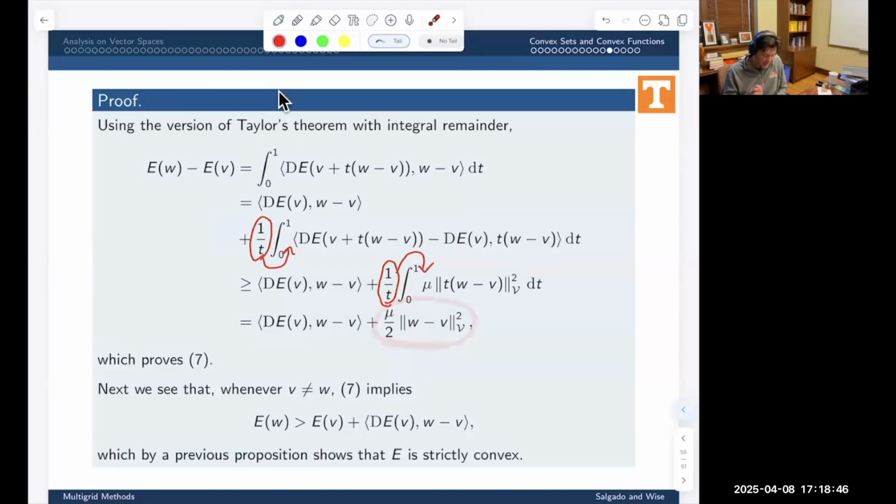So that means we can continue this and say that that's strictly greater than 0 as long as W and V are not equal to each other. So yes, of course, 7 implies that. But by our previous proposition, if we have strict inequality there, then that shows that E is strictly convex. Okay, so easy peasy, I guess.